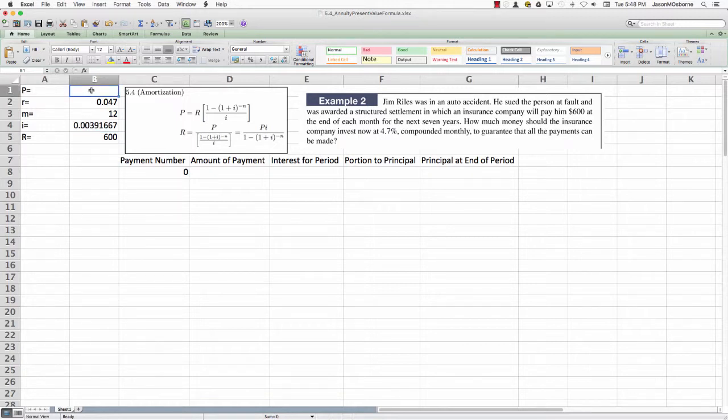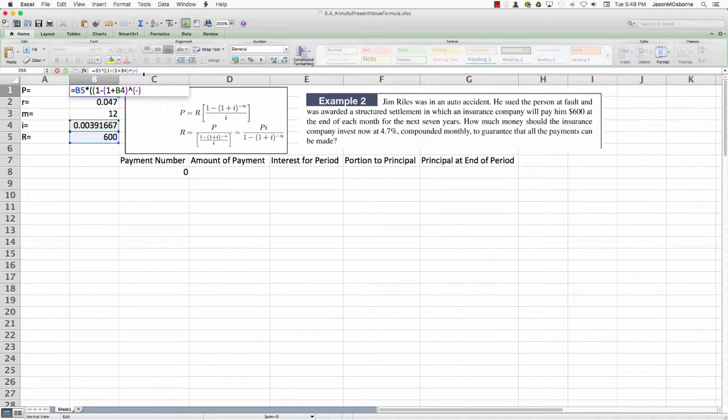The question is, how much do they need to put away now to have on hand now to pay Jim off over time? So that's simply a use of this formula right here. We will put our R value and multiply by 1 minus 1 plus the monthly interest rate I, and we need to raise that to the negative n power, where n is how many payments they are going to make over this time period.